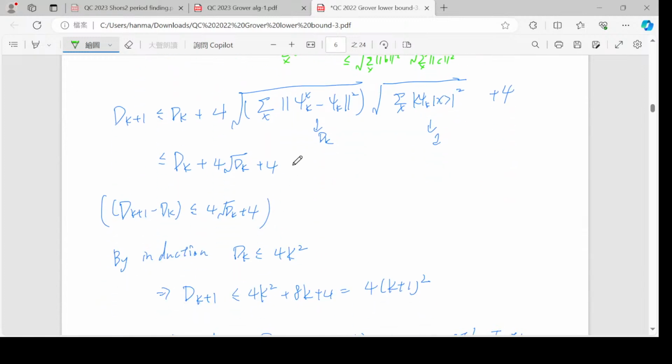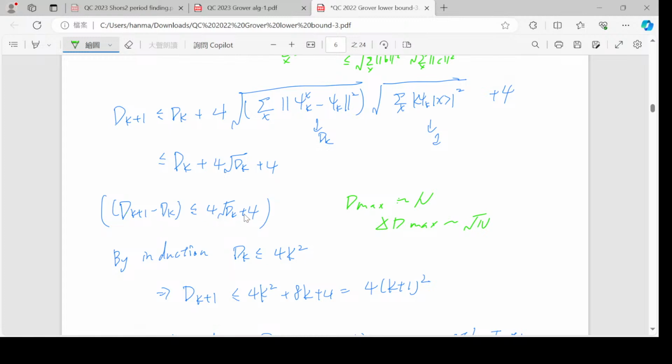So we see the progress: d_{k+1} minus dk is about 4 times square root of dk. This justifies what I said before: since d at the end is about order n, the difference delta d per step is about square root n.